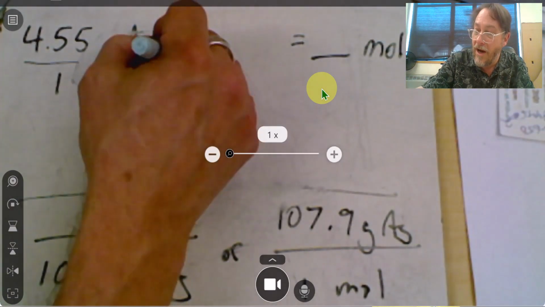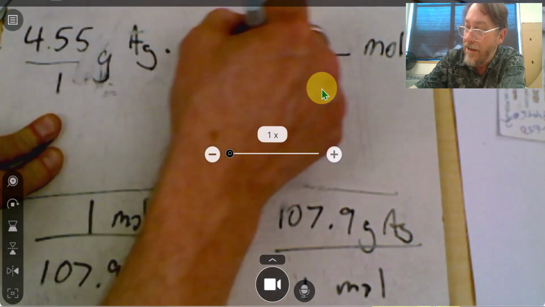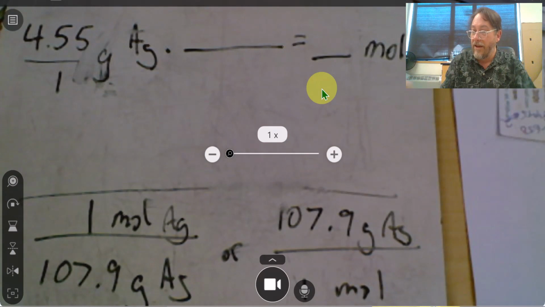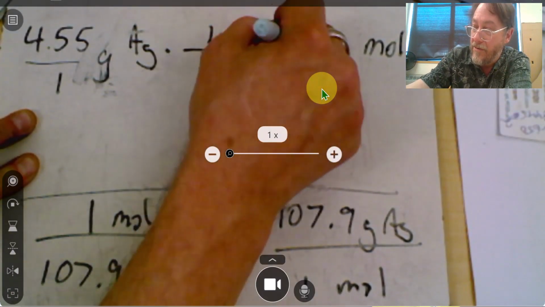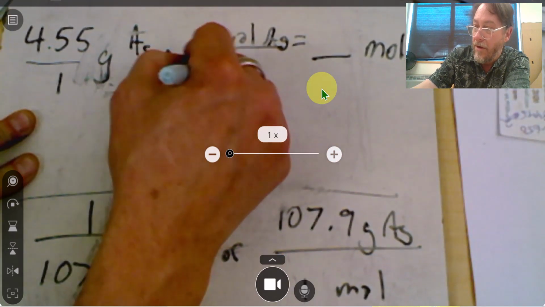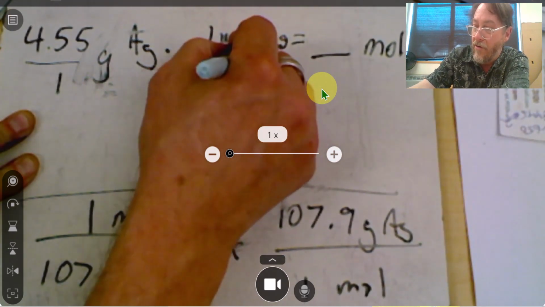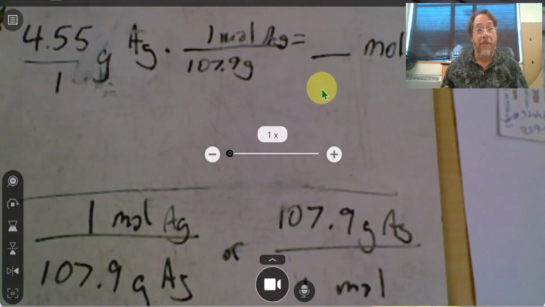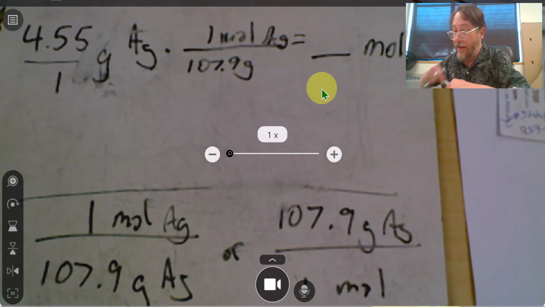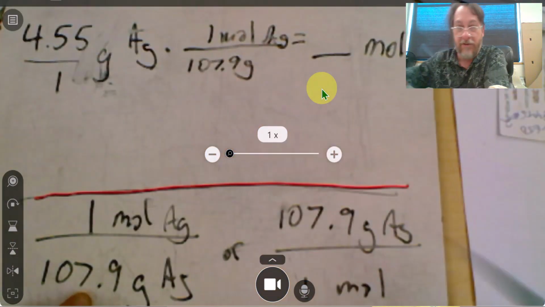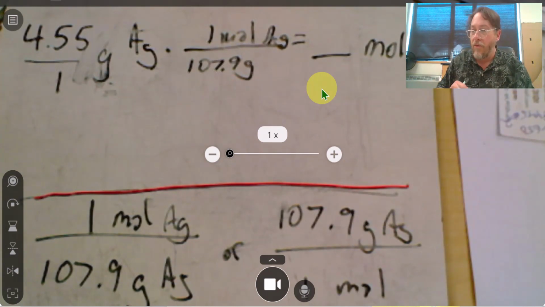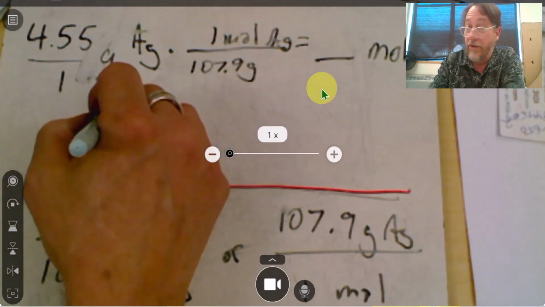And so I'm going to put the conversion factor here, which is this one that says 1 mole Ag, 1 mole of silver, over 107.9 grams. And that is going to set us up. What that turns into, let me draw a nice red line here so that we don't mix all these parts of the problem up, is one big fraction.